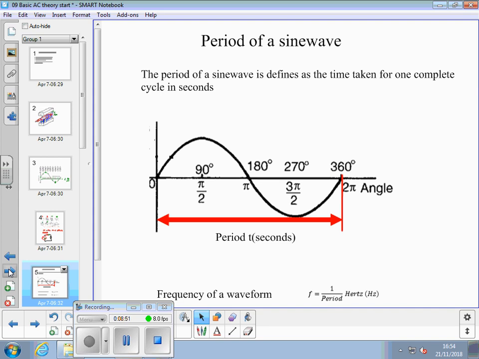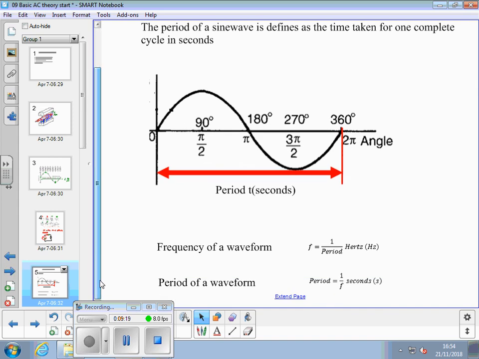One complete cycle is, for a single pole generator, rotating 360 degrees or 2 pi radians, but the period of that waveform is how long that revolution takes, basically.